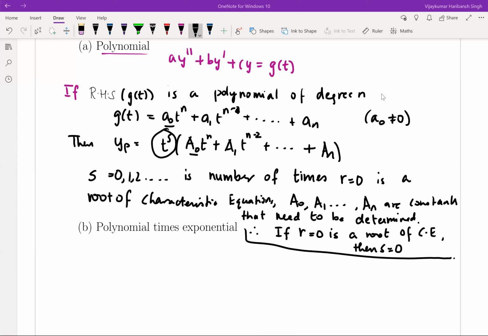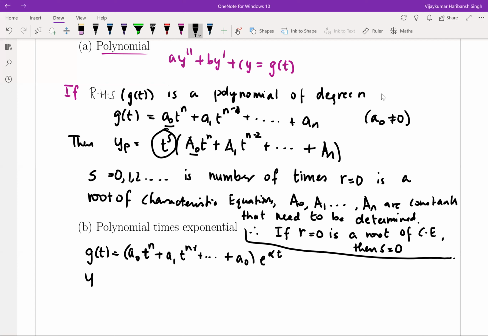Now, case 2, when g of t is a polynomial, again, let's take a0 t to the power n plus a1 t to the power n minus 1 dot dot dot an, times e to the power alpha t. If you have this as your g of t, then what kind of particular solution shall we take?